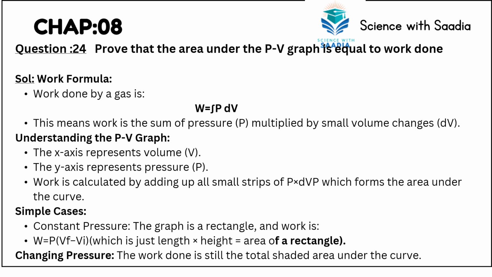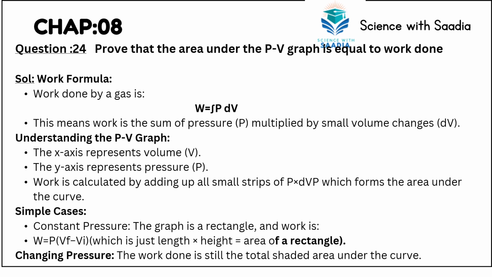Next question, question number 24, which states: prove the area under the PV graph is equal to the work done. As we know, the work done by the gas is equal to the sum of pressure multiplied by small volume changes. In the PV graph, the x-axis represents volume and the y-axis represents pressure.